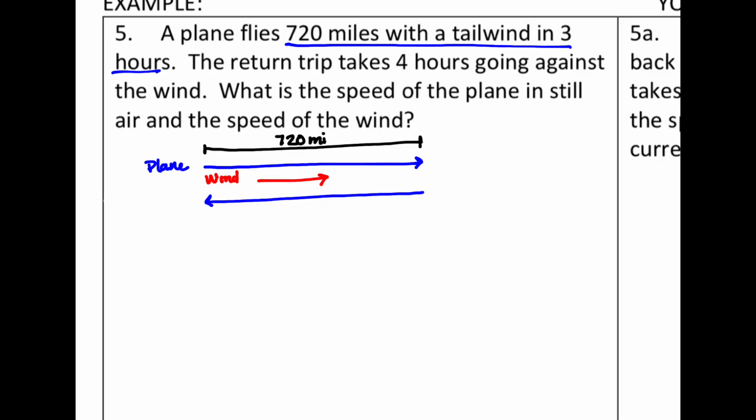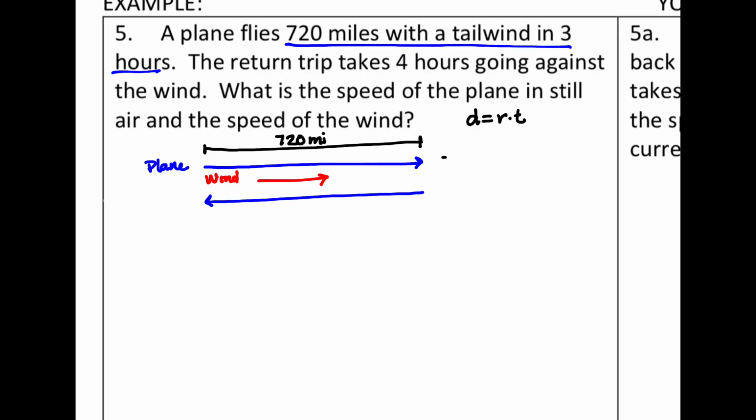So you need two equations with two variables. Okay, so we're going to use distance equals rate times time. And we're going to do one equation for going to our destination and one equation for returning from the destination. Okay, so here we go.